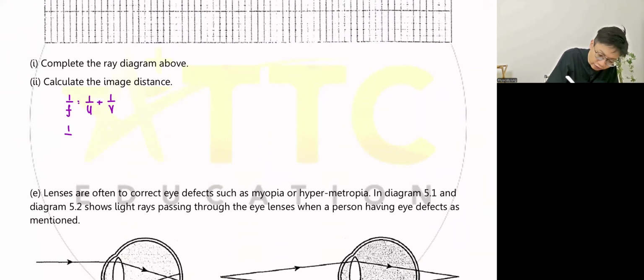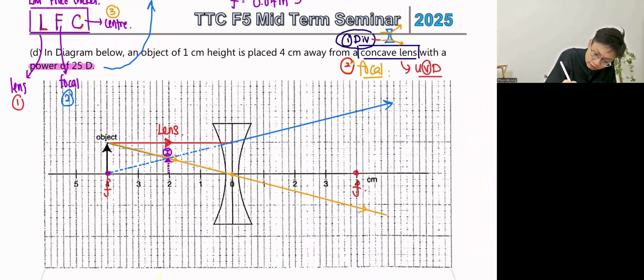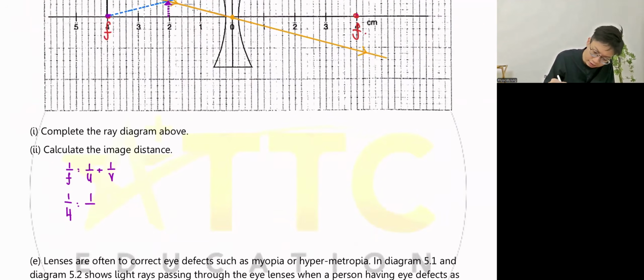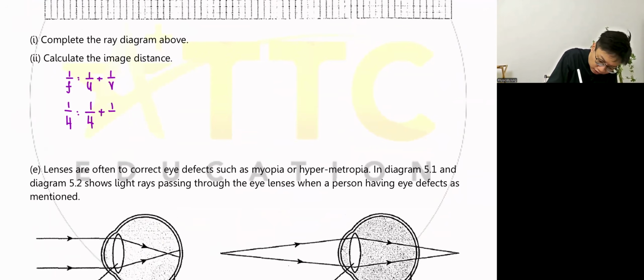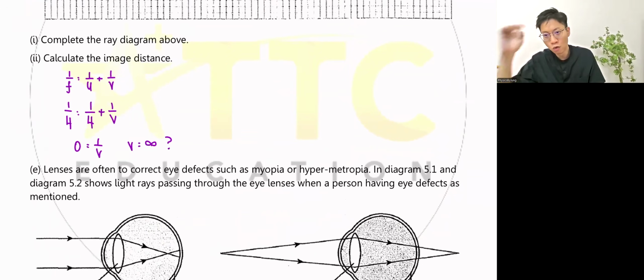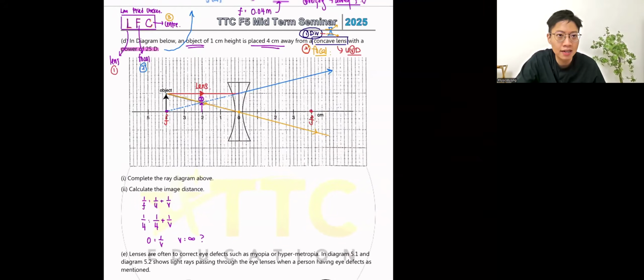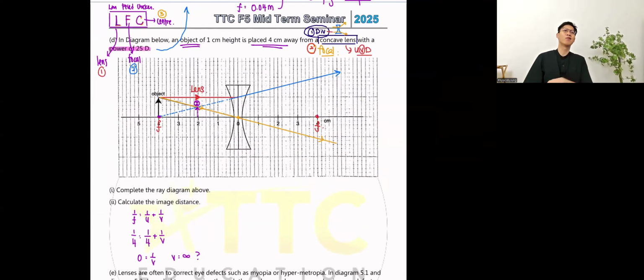If my focal length is 4 cm and my object is placed 4 cm, then I put 4 cm plus 1 over V. I will get 0 equals 1 over V, V equals infinity. Guys, what is the mistake that I make here? Why does the calculation come out so wrong? Headache, right?